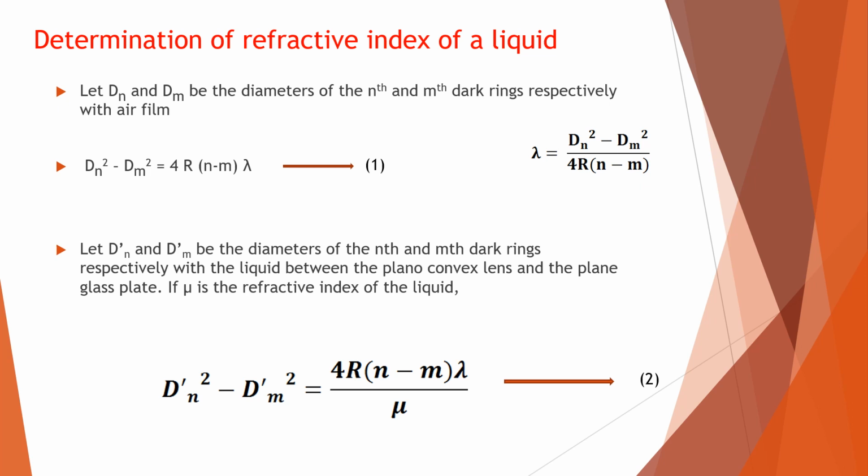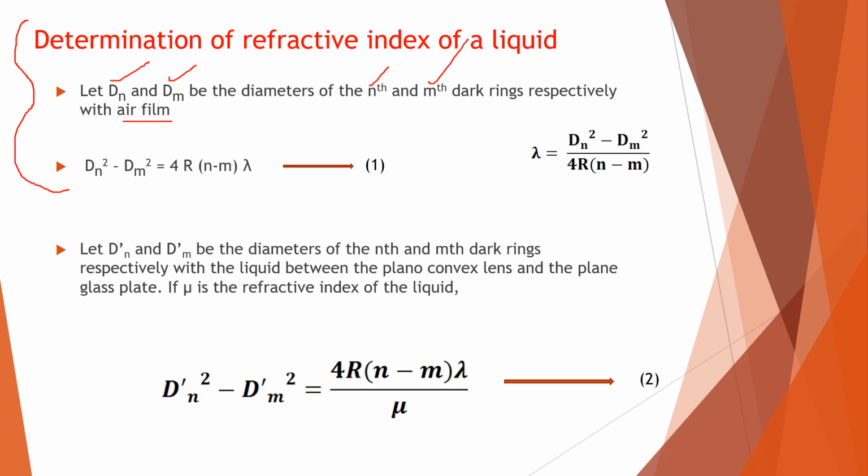Now coming back to the second application that we were discussing, where Dn and Dm are the diameters of the nth and mth dark rings with air film between the glass plate and the planar convex lens. Now you introduce a liquid between the glass plate and the planar convex lens and again measure the diameters of the same nth and mth rings.